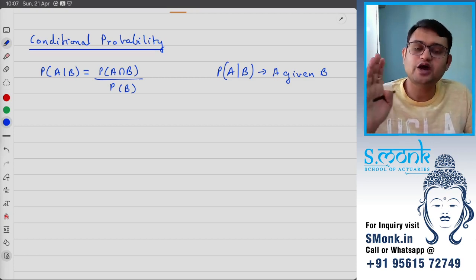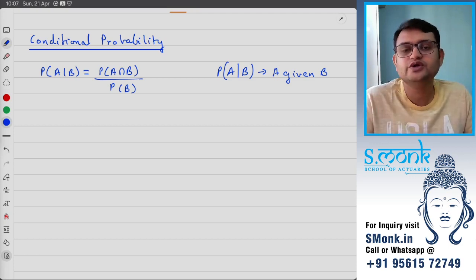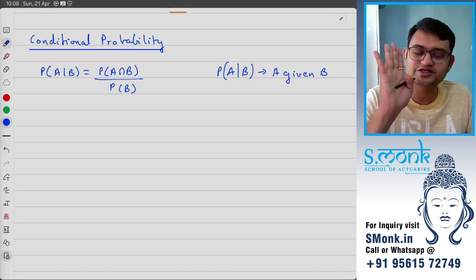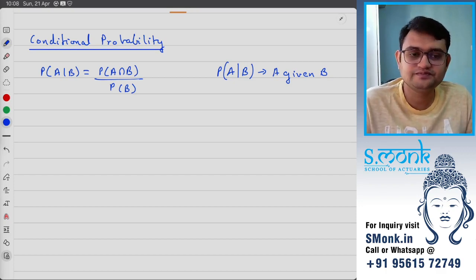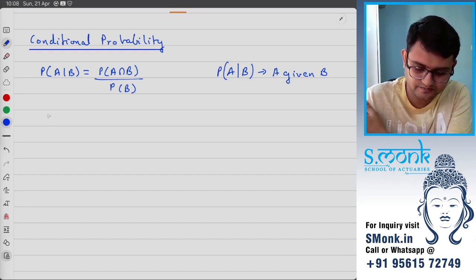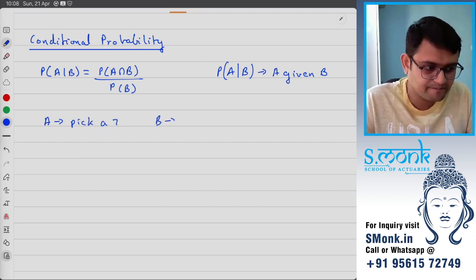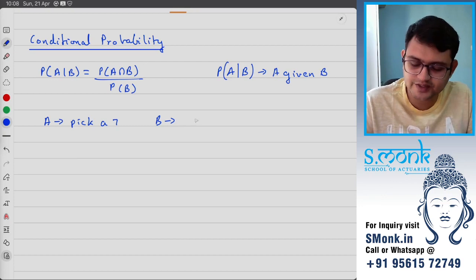A simple example: let's say out of the 52 cards, I have selected one card. I see and I tell you that it is a club. Now, what is the probability that it will also be 7? Can you tell me what's the probability that it will be 7?